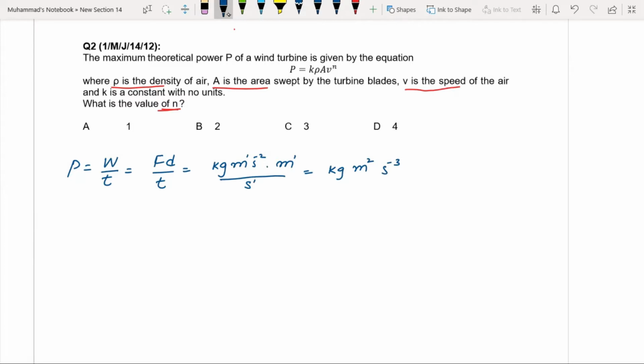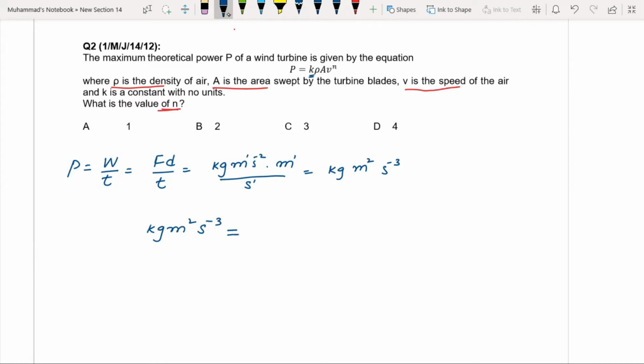Okay, so what will we do? We will put SI base units on both sides, and then we will compare the powers of the same variable to get the unknown. So put the SI base unit of power, that is kg m square s minus 3, times, forget about this k because this has no unit.